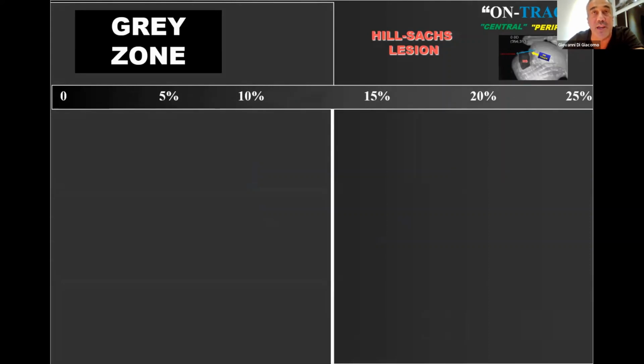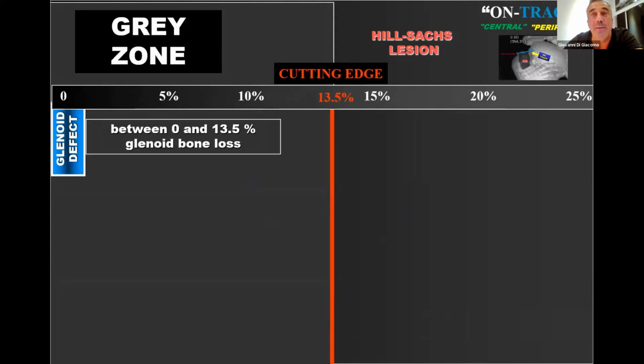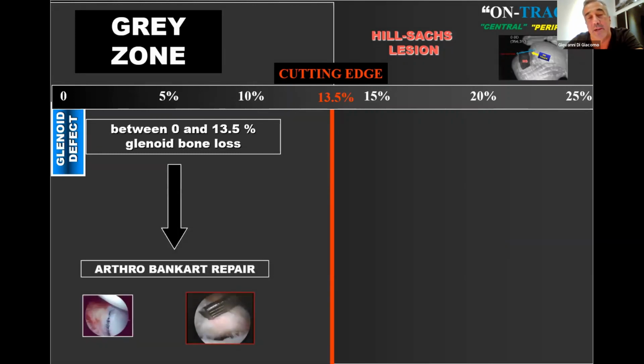They introduced the concept of subcritical glenoid bone loss. It means that if you have a patient that has a small Hill-Sachs and minimal, very minimal, few millimeters, maybe 2-3 millimeters of glenoid bone loss, you are comfortable to make a Bankart repair.